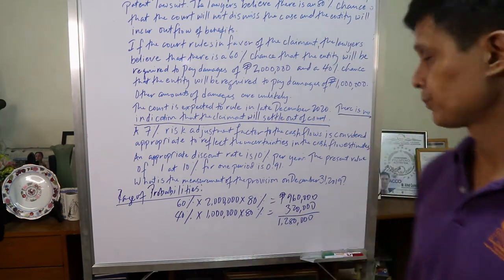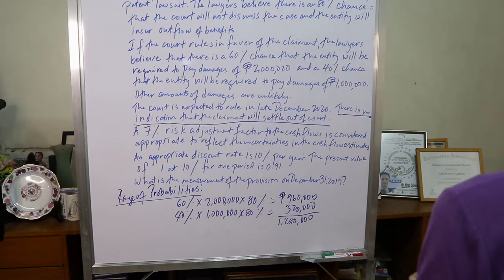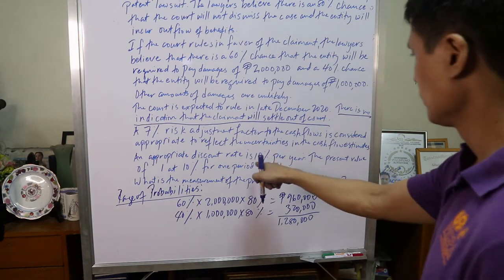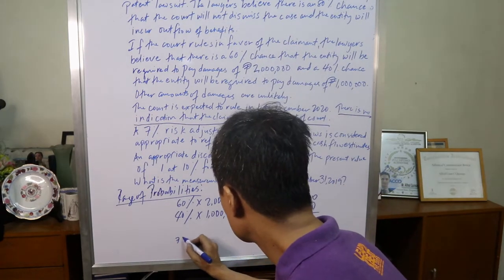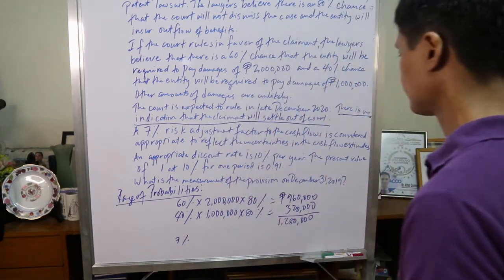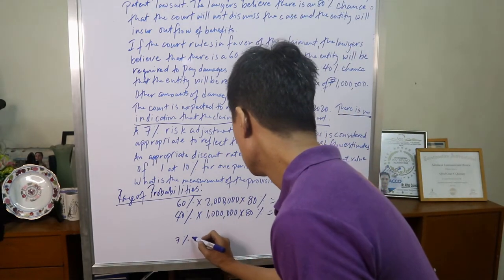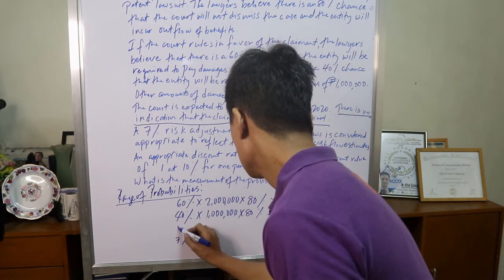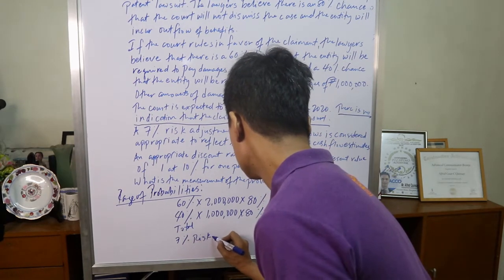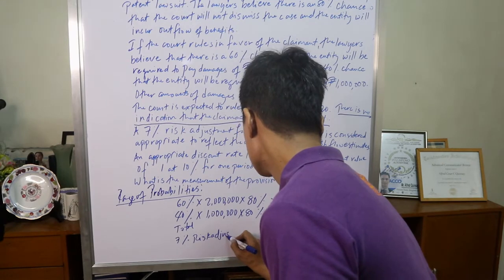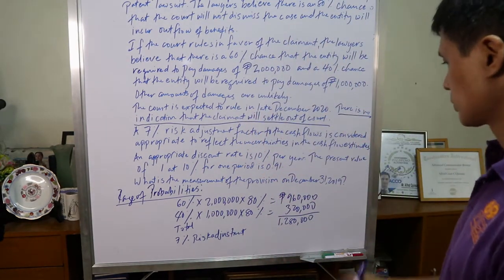Okay, so yan. And then, well, there is yung 10%, no? I mean, 7% pala. So, risk adjustment. So, there's a 7% risk adjustment. Okay, I hope you can still see it.